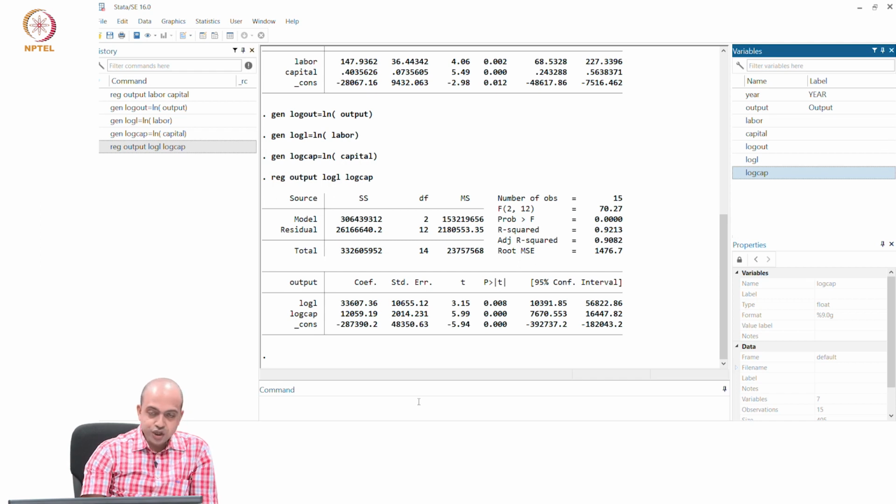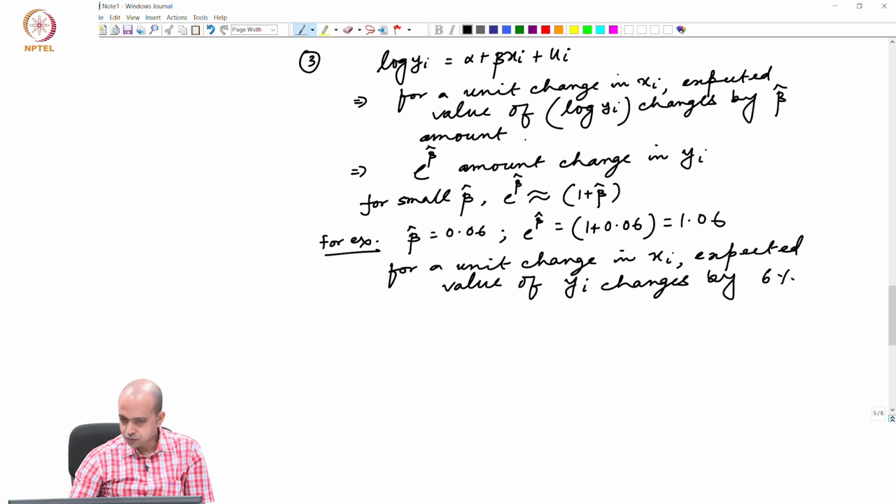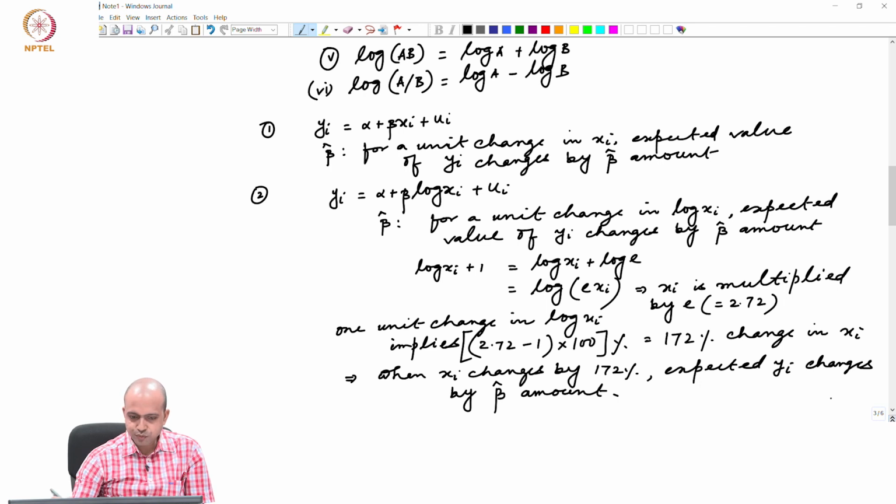Now, the question is, how will you interpret this coefficient? We will go back and see the interpretation. So, that means you are estimating this case when y is linear, but x is log transform.